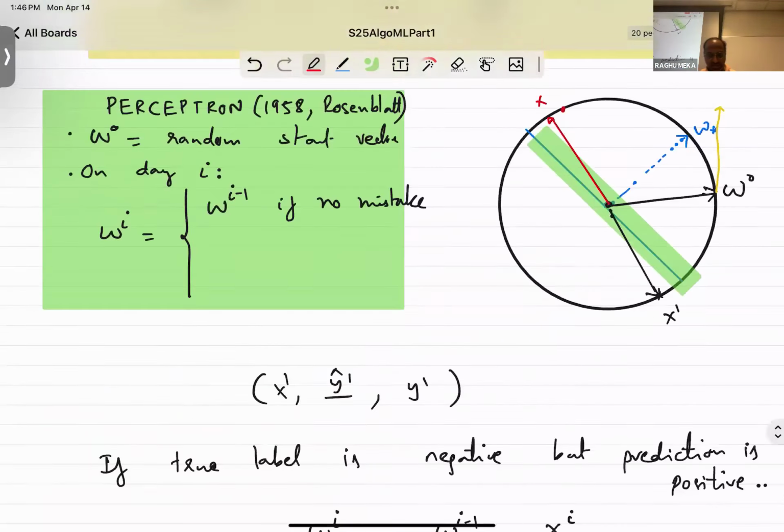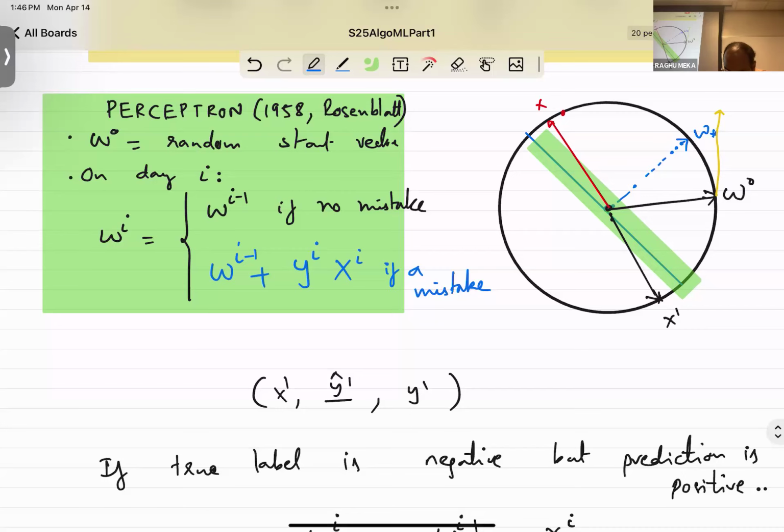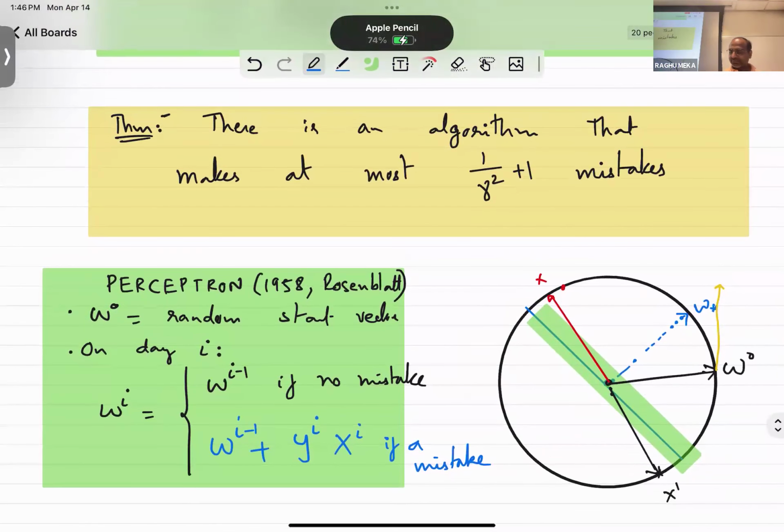So let me just write it down as it is. It's going to be w^i = w^(i-1) + y^i x^i, if a mistake. So if the label is negative, I'm subtracting. If the label is positive, I'm adding. Right? Fairly intuitive algorithm.